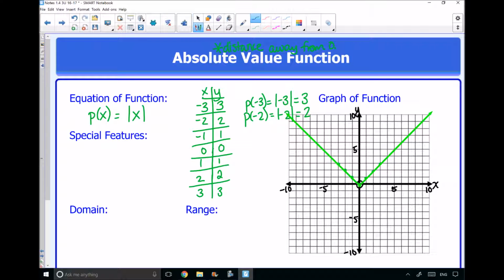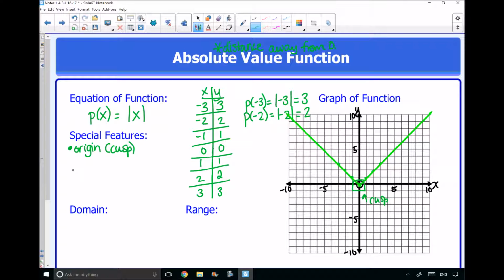So for some special features, we know that the graph goes to the origin. And actually, this has a special name. If it was a parabola, we would call it the vertex or the minimum point. But here, this actually has a name called a cusp. And this cusp right here is the V part of your graph. This is something you're going to learn a little bit more about when you're in calculus, but just so you know, it's called a cusp.